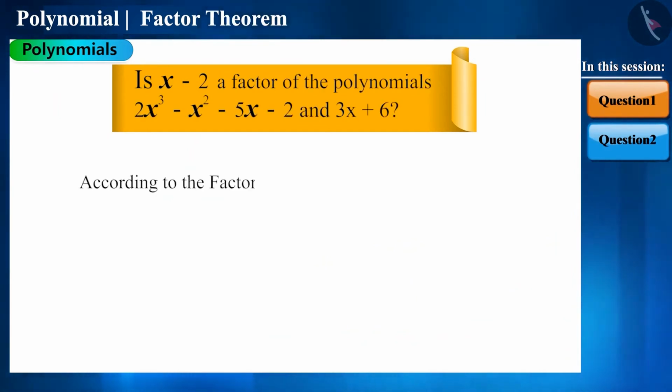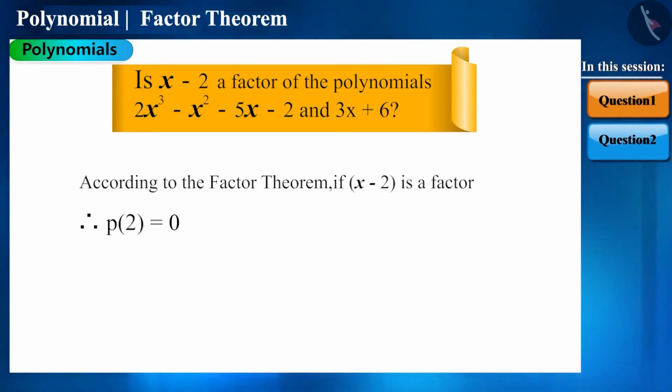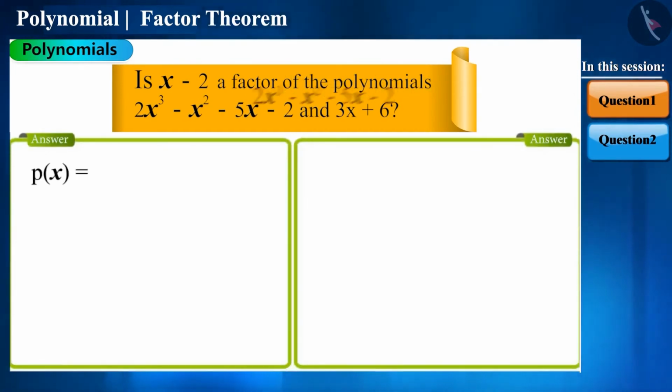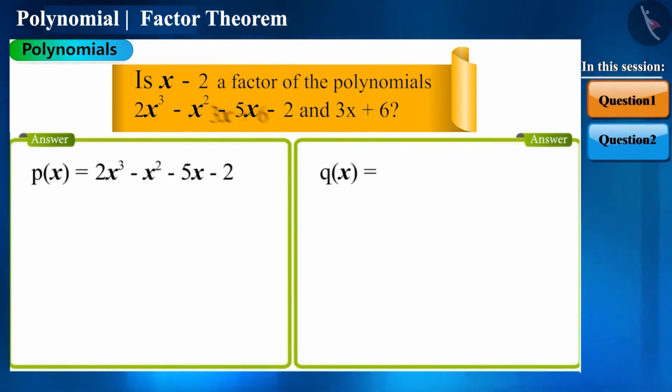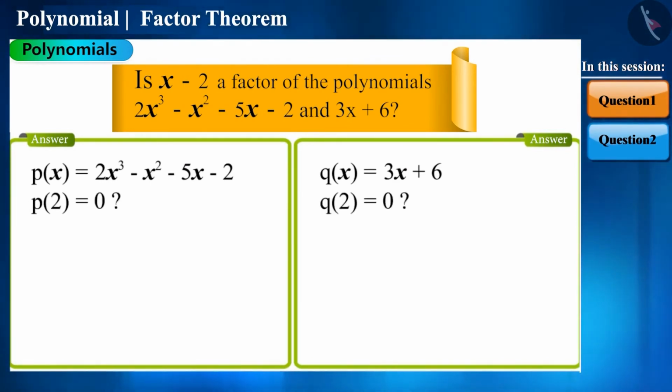According to the factor theorem, if x minus 2 is a factor of these two polynomials, then p of 2 should be 0, where 2 is obtained by equating x minus 2 to 0. That is, if we write both these polynomials this way, we have to check whether p of 2 and q of 2 are 0 or not.